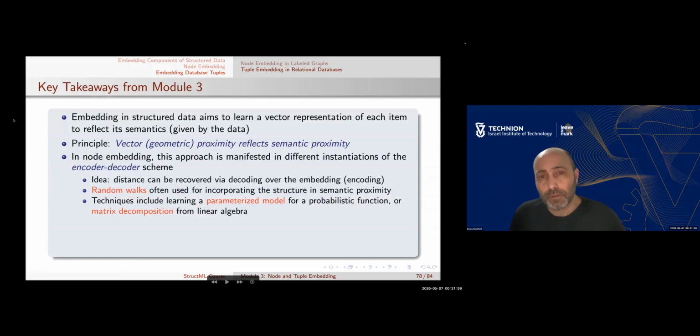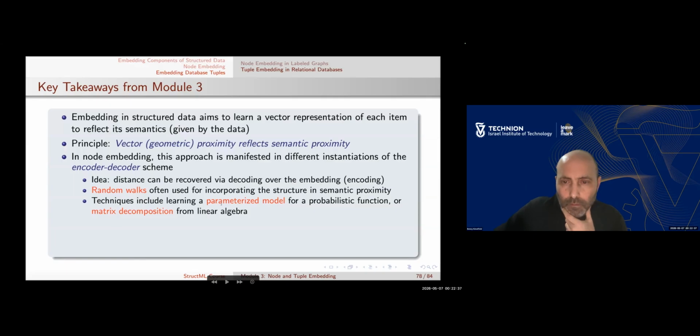Now, in node embedding, this approach is instantiated in different cases of encoder-decoders. Again, the idea is that you can recover the distance between the elements, some predefined distance, by some simple decoding over the embeddings, which we look at as the encodings.